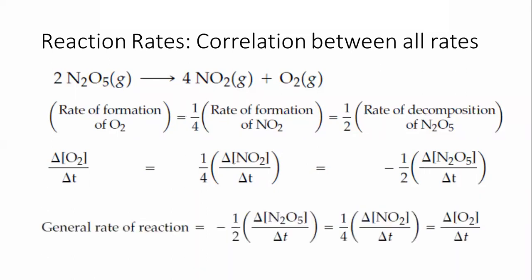So let's prove it here. This is the general rate of reaction that I have explained. This is the rate of decomposition, the rate of formation, the rate of formation. In the previous one it is written last, and again maybe you can write the reactant first and the product last. As a general statement, because the reaction is proceeding from the reactant to the product, you write first the reactant and then the product.